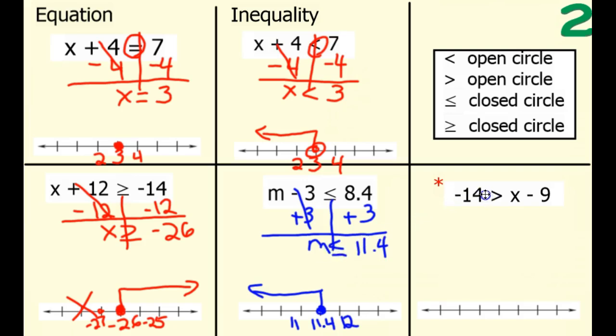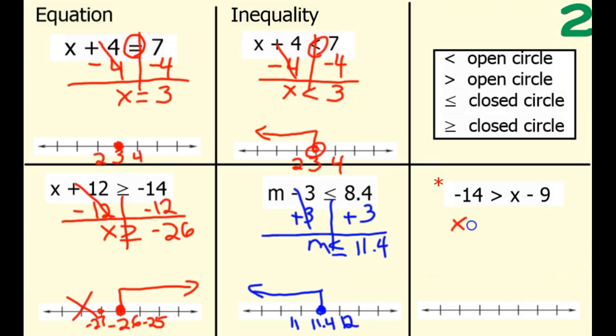Now take a look at this one. We could do this, but we need to get the variable on the left. So we could flip this, but now I have 6 minus 8x. So what we can do is just bring it back like this, and we can rewrite this problem.